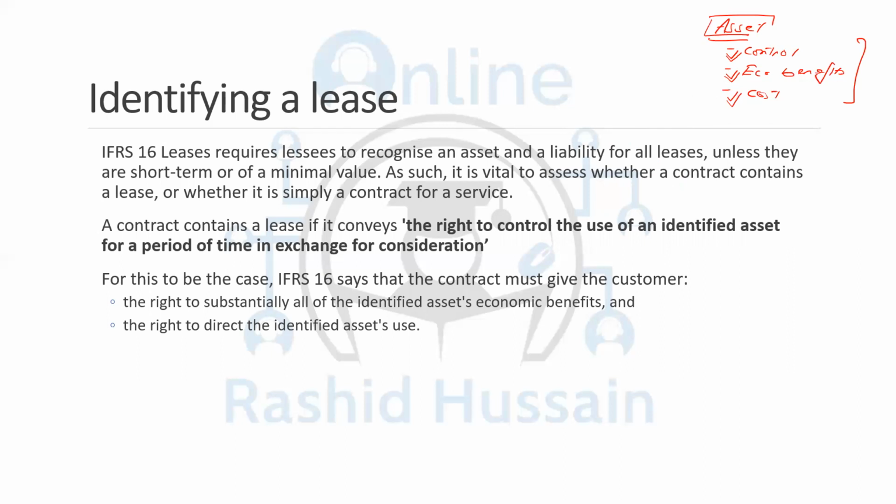So they changed that treatment, and now there's a completely new treatment in which you just need to see whether it is a contract which contains a lease, or it is simply a contract for service. In the previous arrangement, you were looking whether it's an operating lease or the finance lease. Now that has been demolished. Now you need to see whether it is a lease contract or a contract for service.